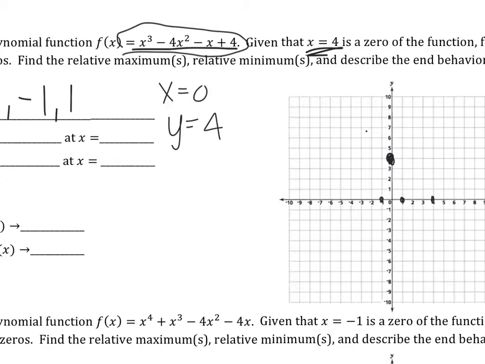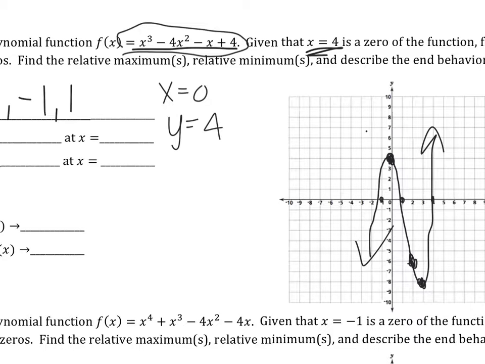I want it back down to 0. By 2, I'm at negative 6. By 3, I'm at negative 8, and that's about where I bottom out. So I come here, and that's about what that graph looks like.